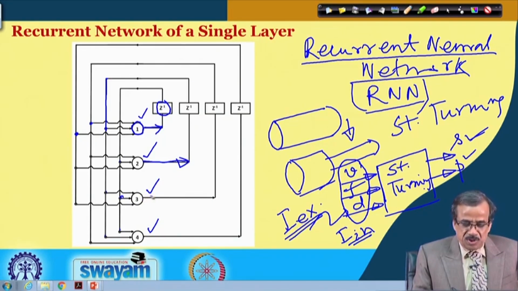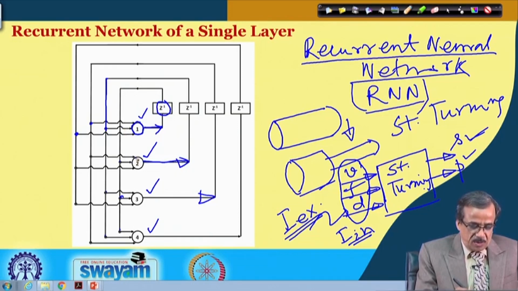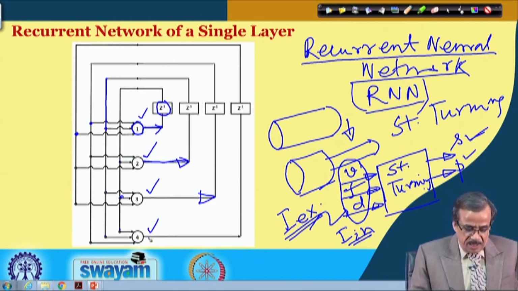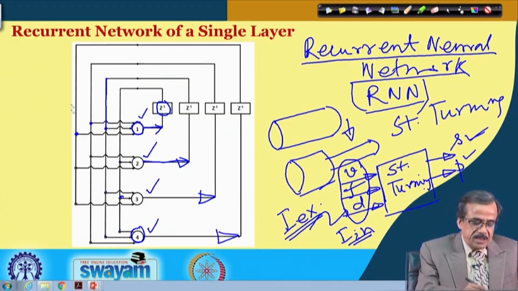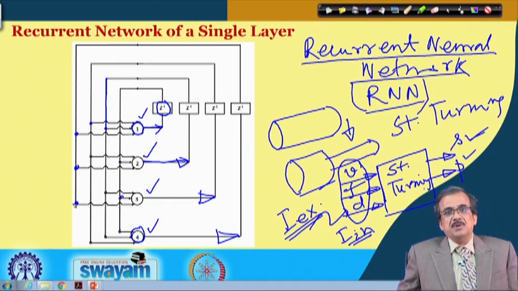The output which you are getting from the third will be fed back, and that will enter the first neuron, and it will also enter the second neuron, and this will also go to the fourth one. And let us concentrate on the fourth neuron. The output of the fourth neuron will be fed back, and that will enter the first neuron, then it will enter the second neuron, and then it will enter the third neuron.